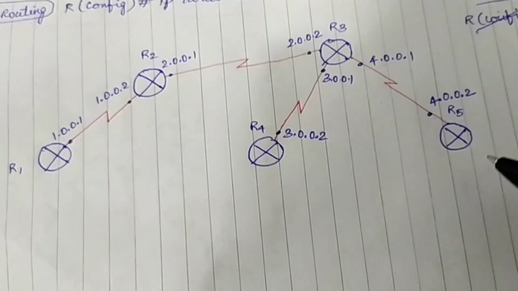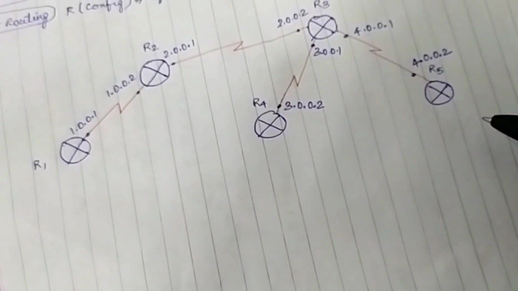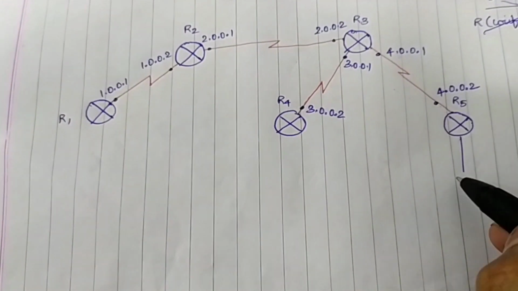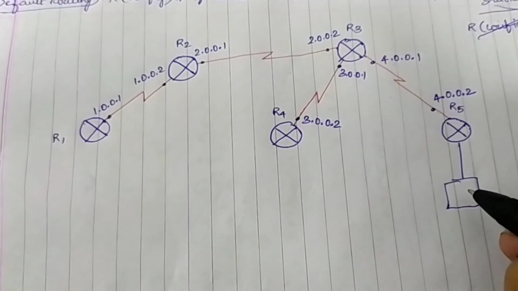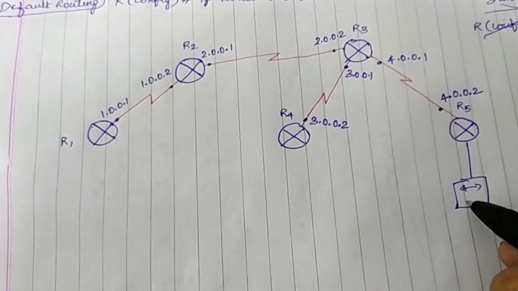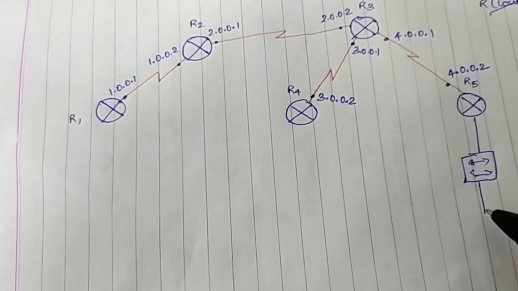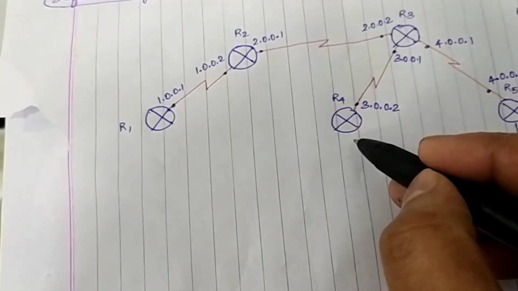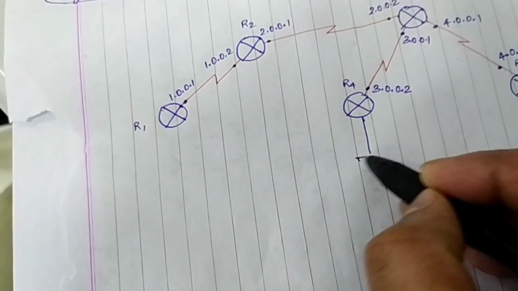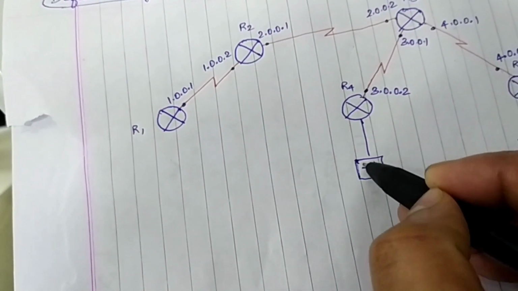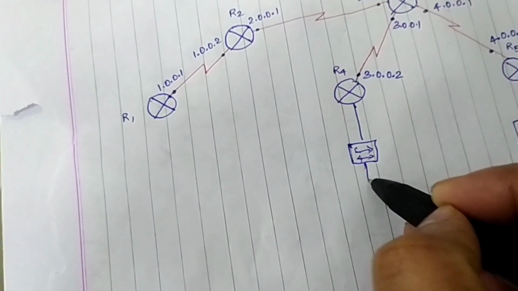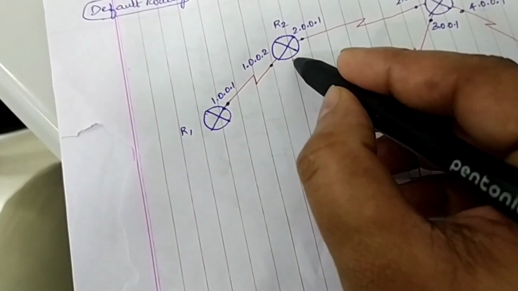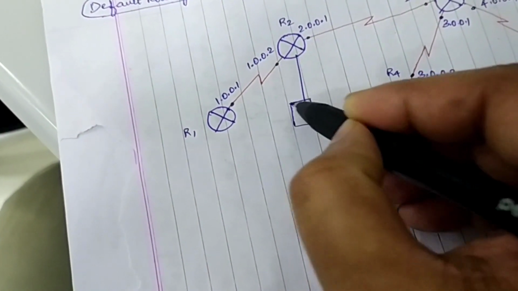Just imagine these 4 routers have their own networks. For example, under R5 we have a network, one network. Under R4 also we have a network. Under R2 also we have a network.